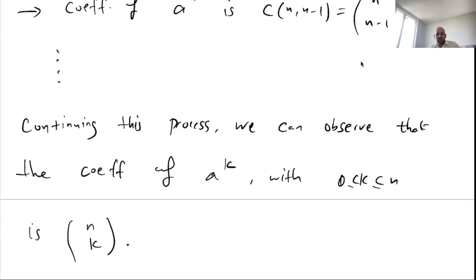Because again, for a to power k, we have to choose k brackets out of n brackets, and the number of ways that we can do so is n choose k.